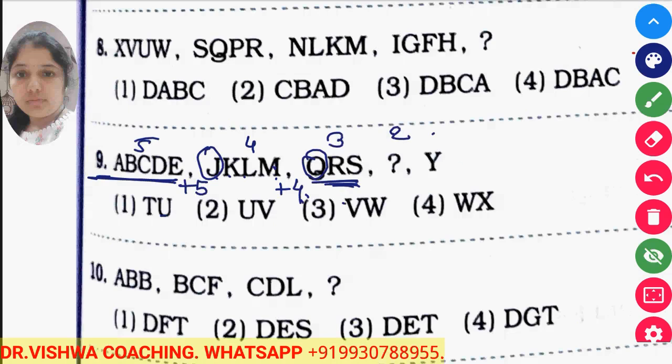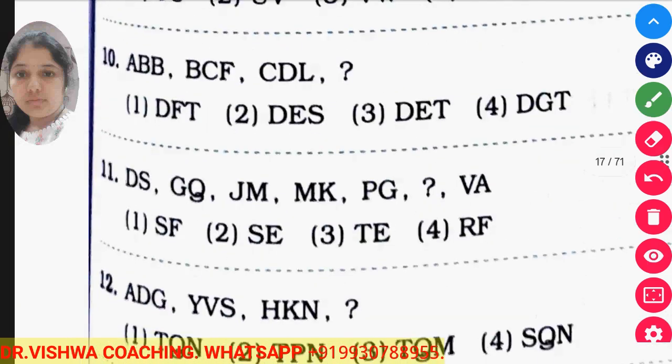Now here 2 alphabets must be there in the group because the next series shows 1 alphabet in the group. Okay. So 2 alphabets, and after adding 3 alphabets in S, so T, U, V. So V, W is the correct answer here. So the option number 3 is the correct answer for question number 9.